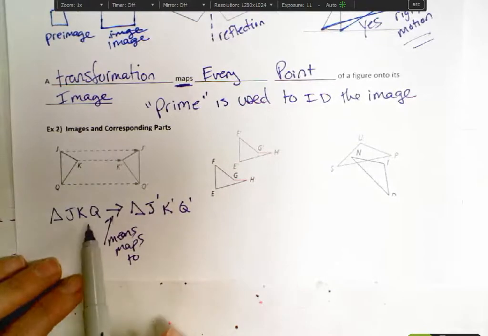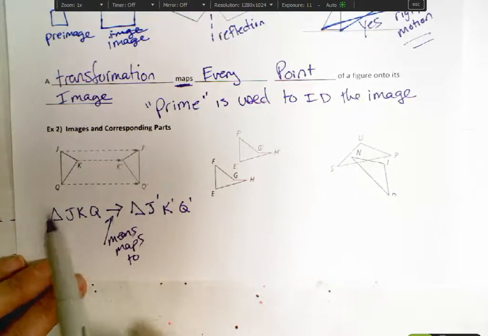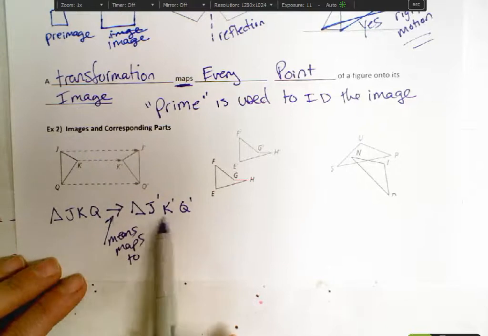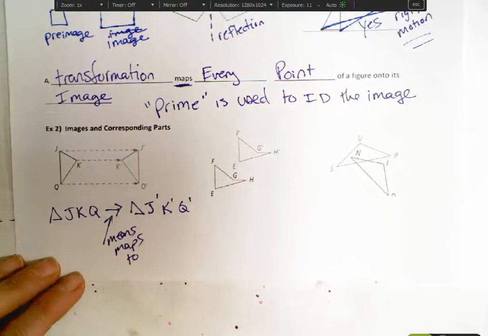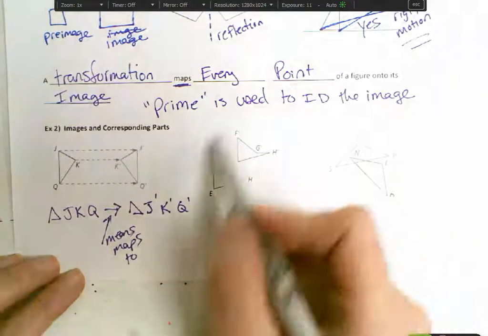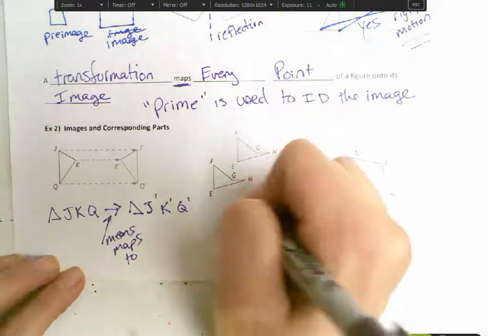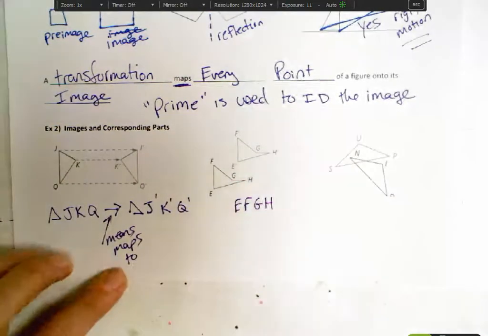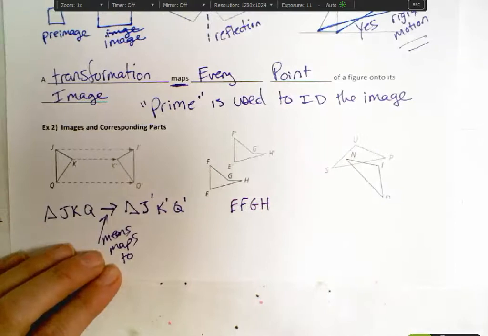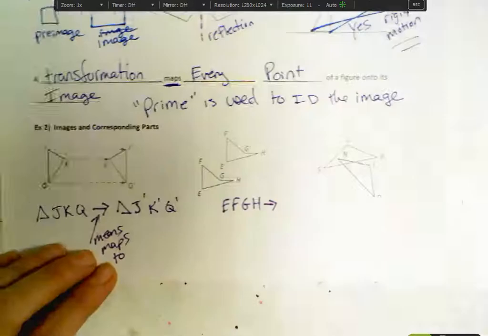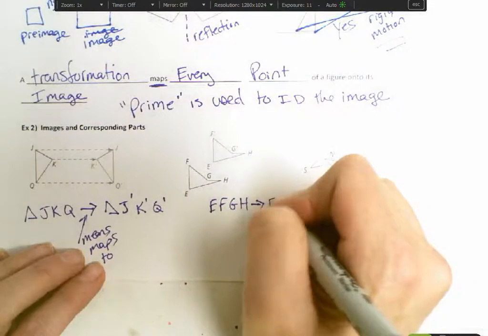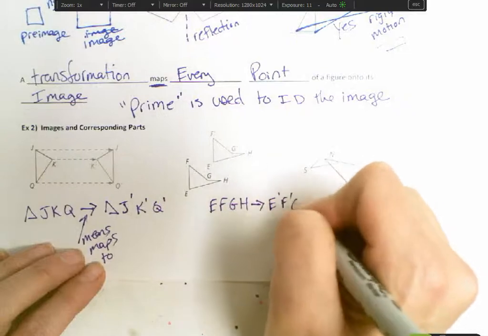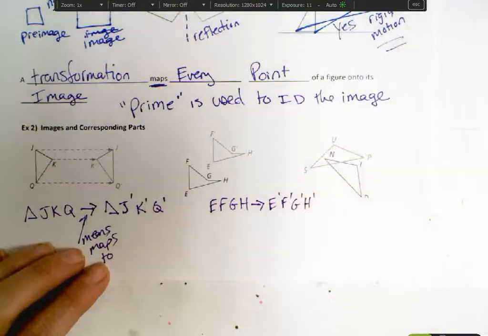Just as we were doing with corresponding or congruent or similar triangles, corresponding parts still need to be lined up just like we always have. So if I want to identify the transformation here, I talk about E, F, G, and H maps to E prime, F prime, G prime, H prime.